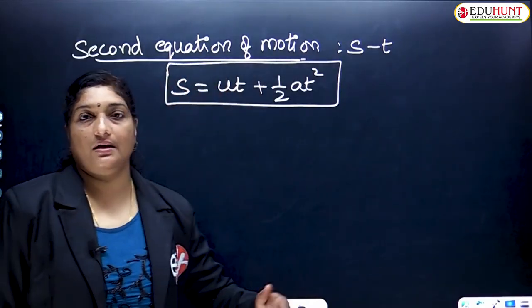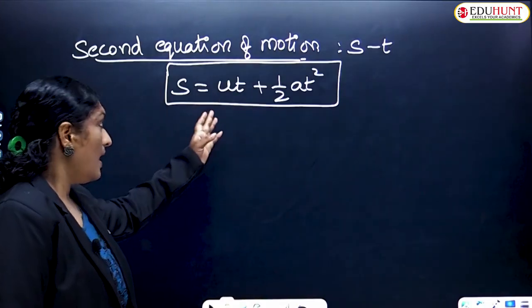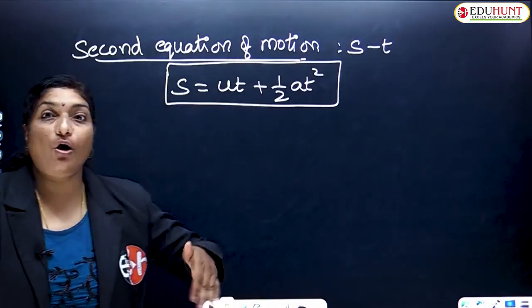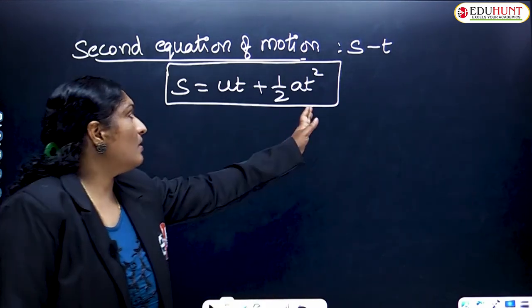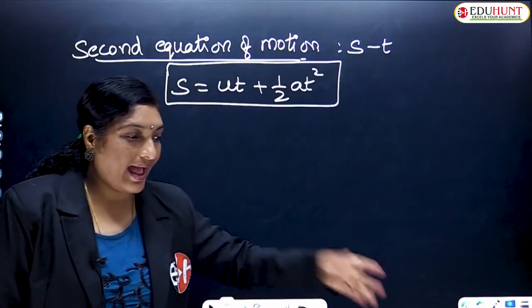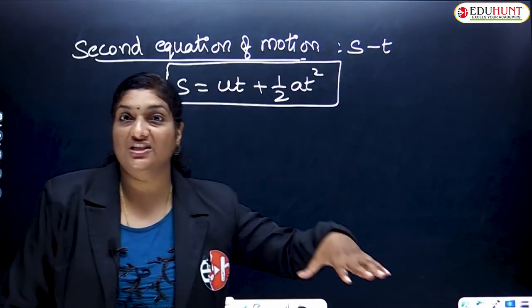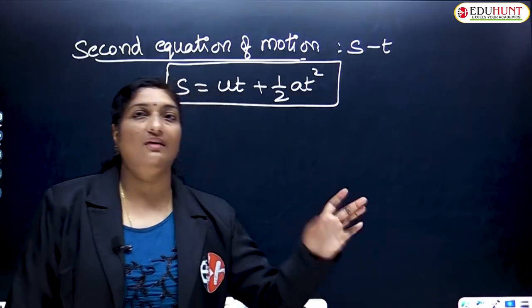Suppose you consider a body moving initially with velocity u, and it is uniformly accelerated for a time t, its velocity changes to v, and before its velocity changes to v, it covers a certain distance or displacement given by s.